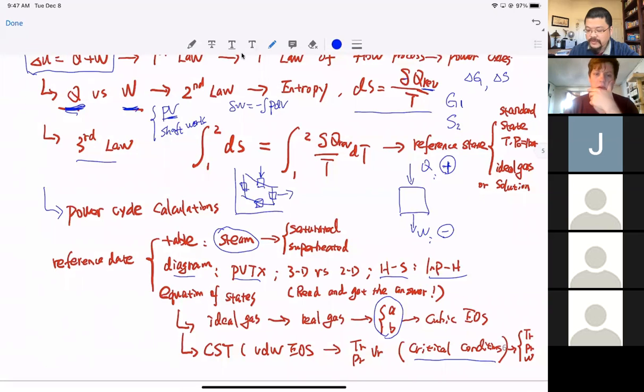So we have TC, we have PC, we have VC, and then out of the critical conditions, we are able to use the so-called reduced units, TR, PR, and VR. If I look at TR, this is the temperature of interest over its own critical temperature.